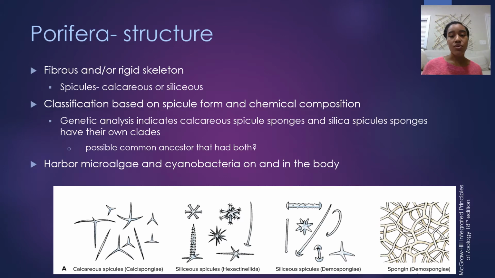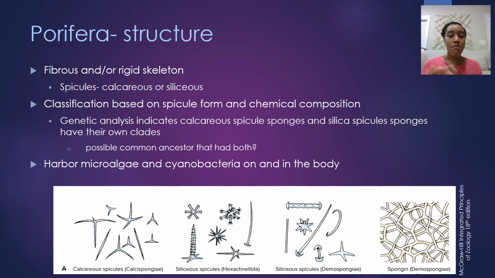And it's also been found that sponges that use calcium carbonate to form their spicules form a whole different clade than those that use silica to make their spicules. And so it's very interesting that you can use genetic analysis to definitively say these two types of sponges are in a different clade from one another.